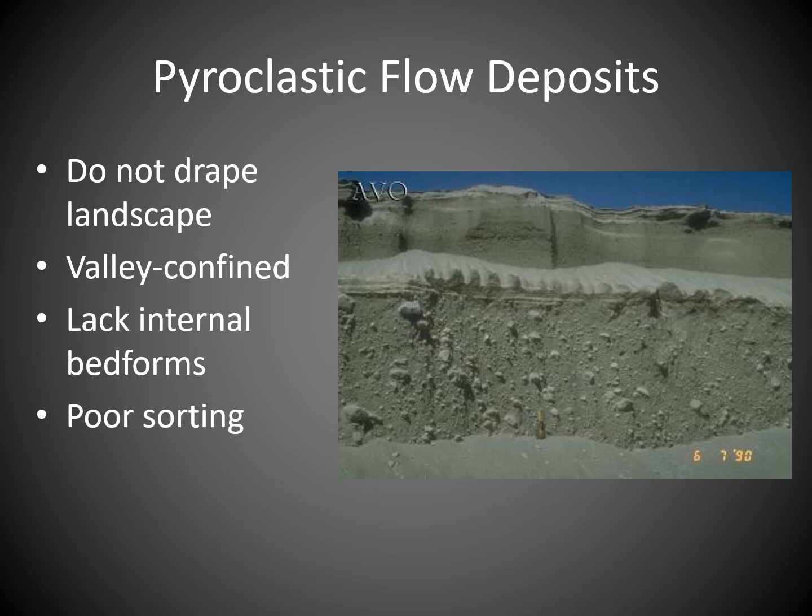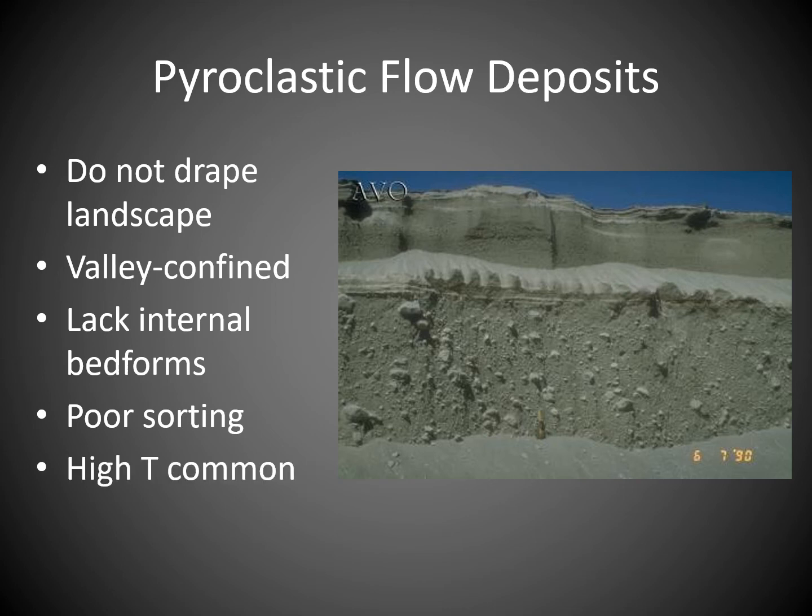Again, the poor sorting really separates it out from any ashfall. Both ashfall and pyroclastic flows could be made of pumice. But in the case of the airfall, very well sorted, mantles the topography. With the pyroclastic flows, very poorly sorted and just confined to the river valley.